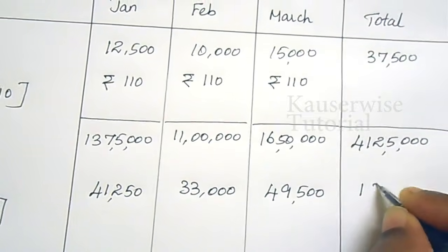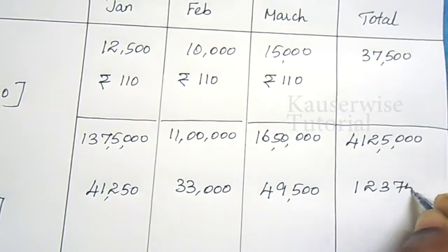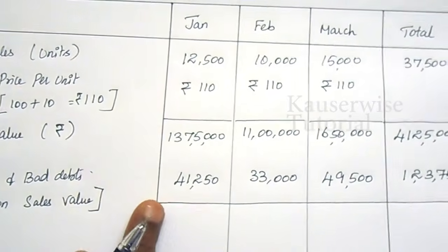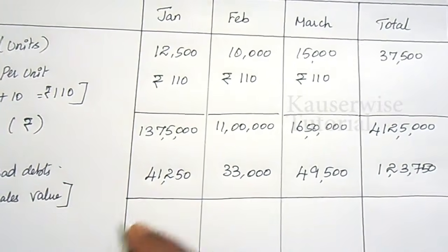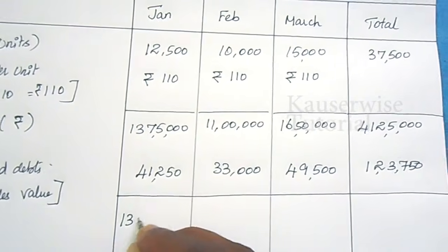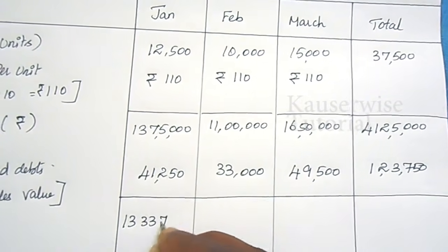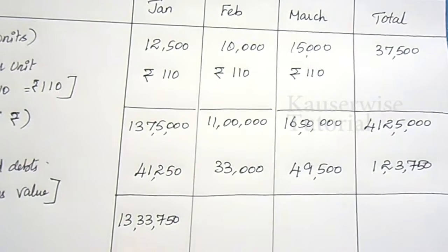Total 1,23,750. 13,75,000 minus 41,250 is 13,33,750 for the month of January.